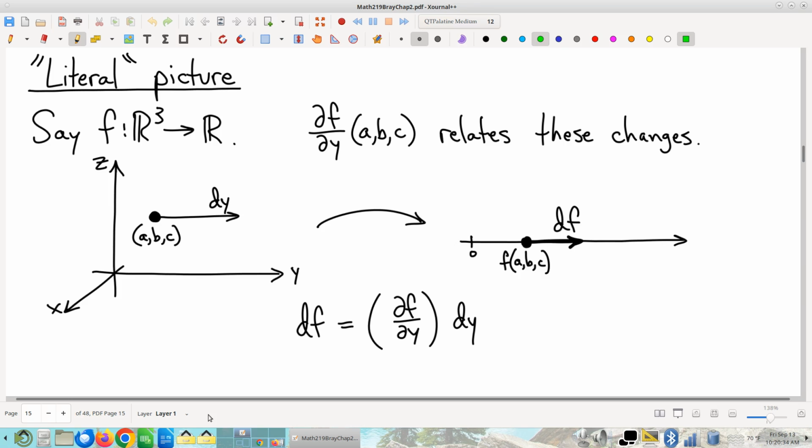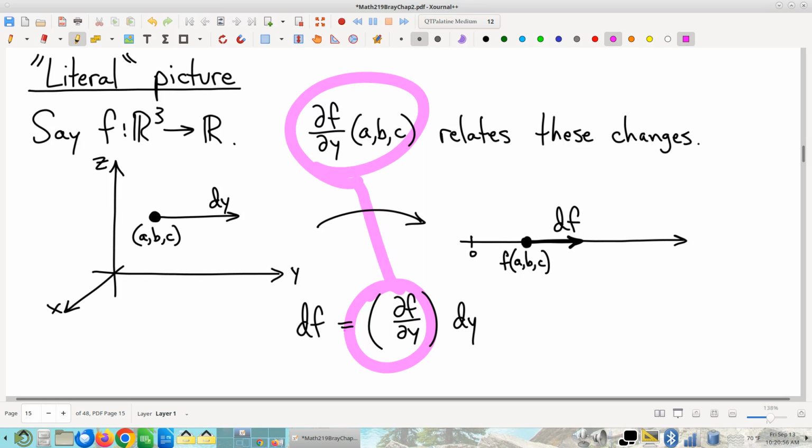But sometimes you're not looking at a graph. Sometimes you're looking at some other kind of construction, and partial derivatives are interpreted totally differently in those different kinds of pictures. So, for example, this literal picture, I'm just going to hit this point again real quick. The partial derivative here is not a slope.